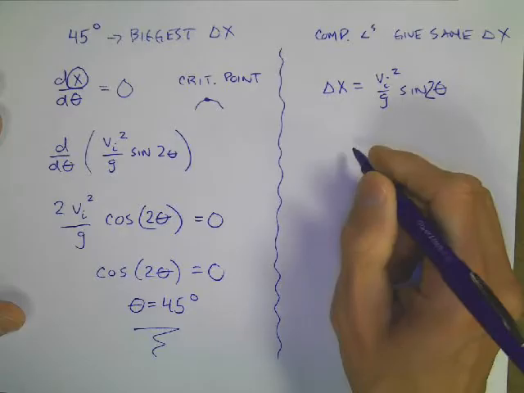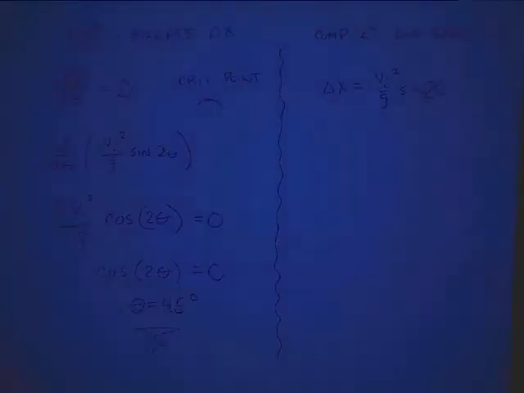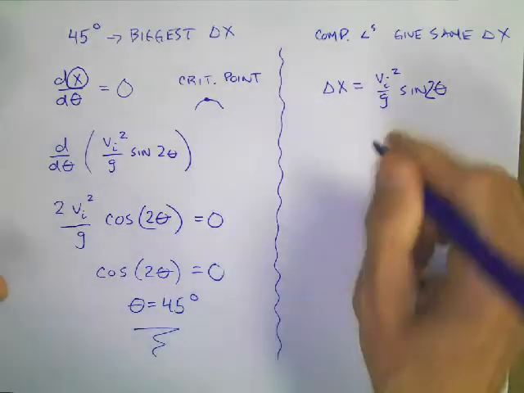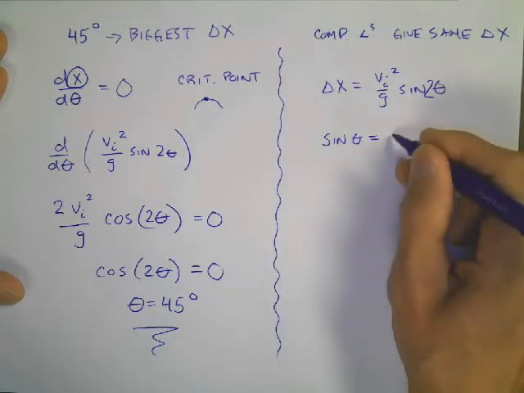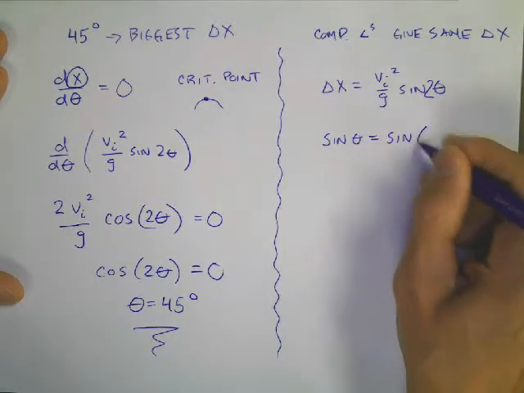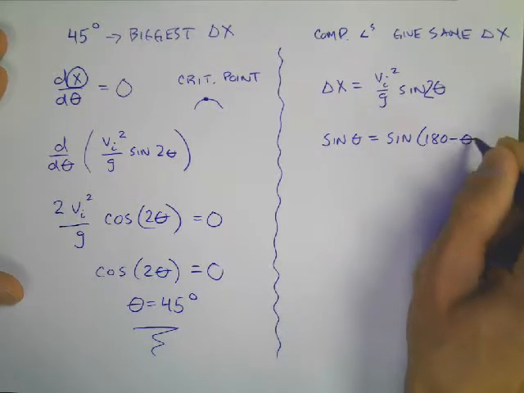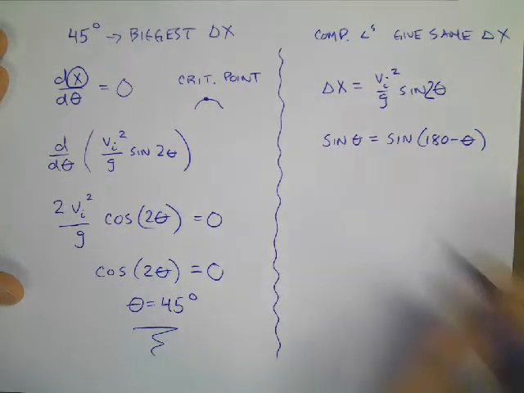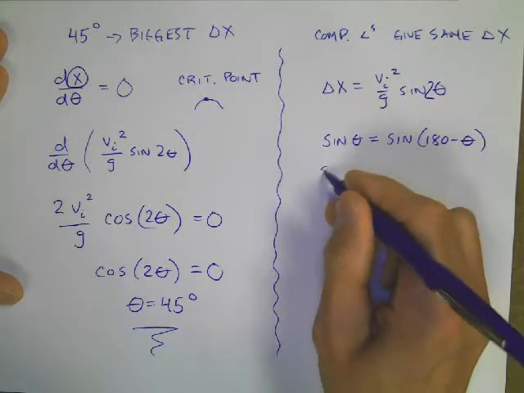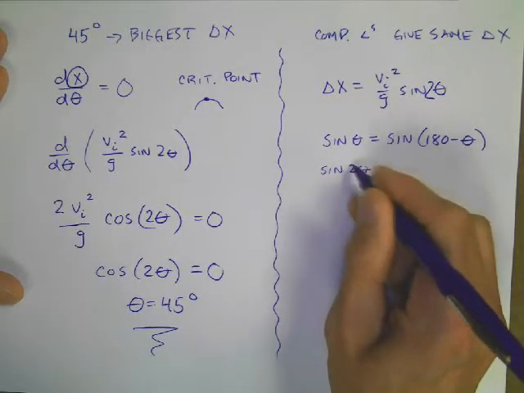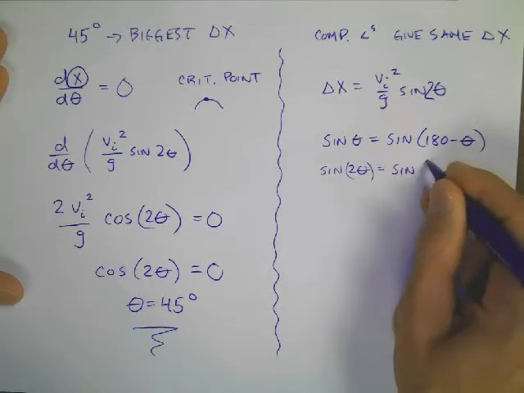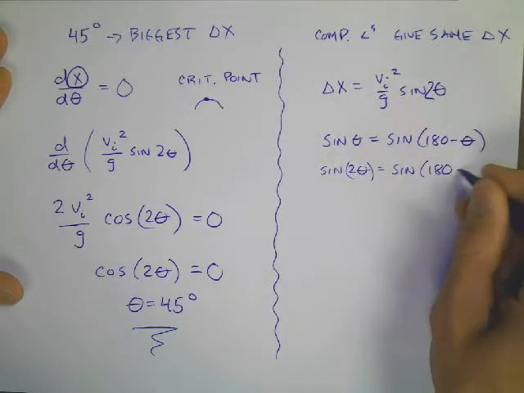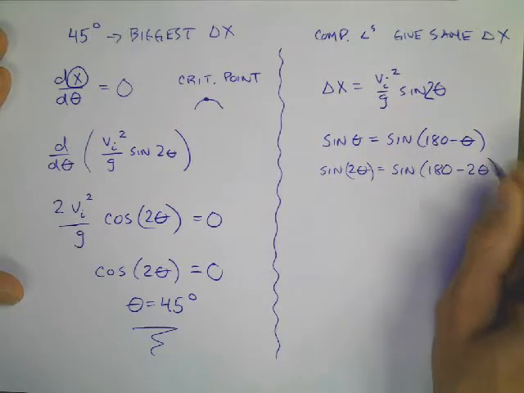But what I'm going to point out is a trig identity, which says that the sine of theta, of any theta, is equal to the sine of 180 minus theta. That's something you learn in math class. And if that's true, then the sine of 2 theta should be equal to the sine of 180 minus 2 theta.